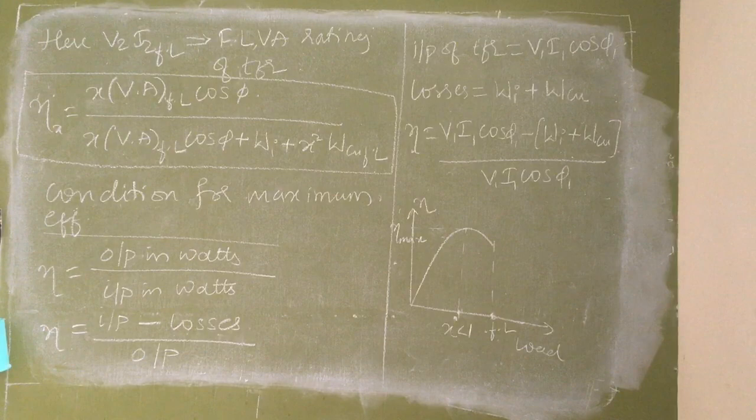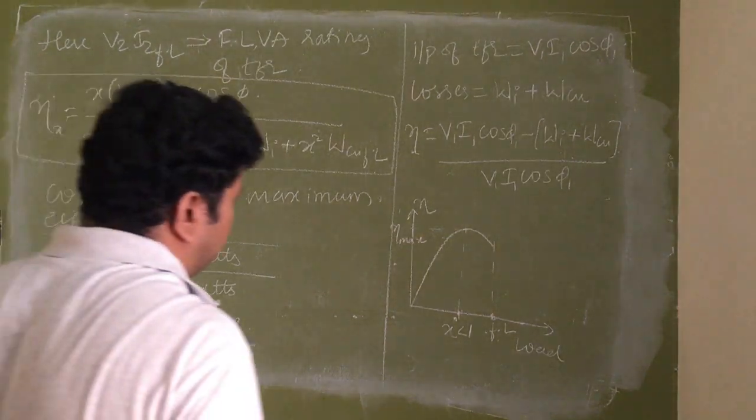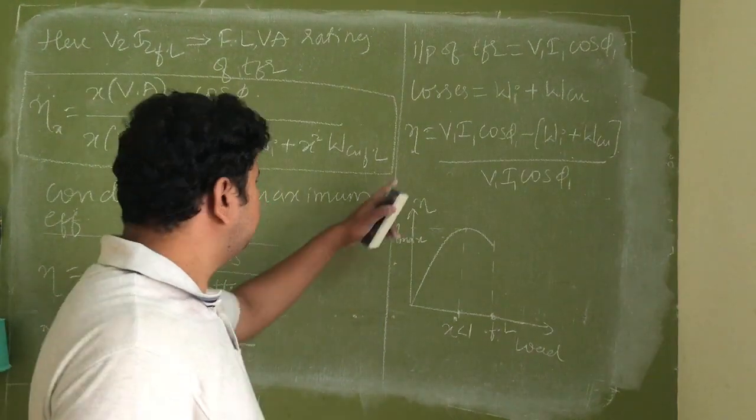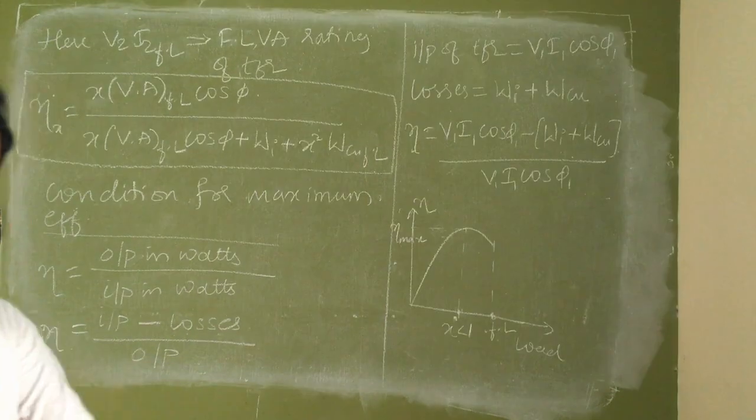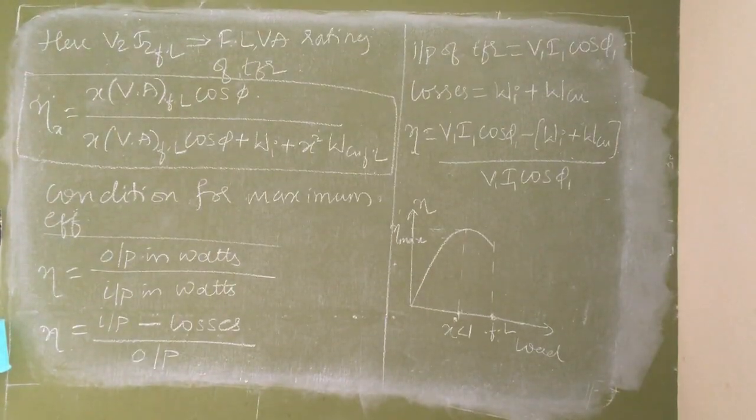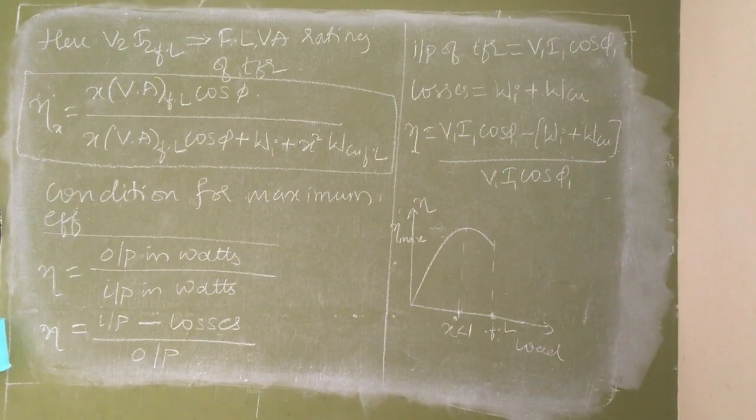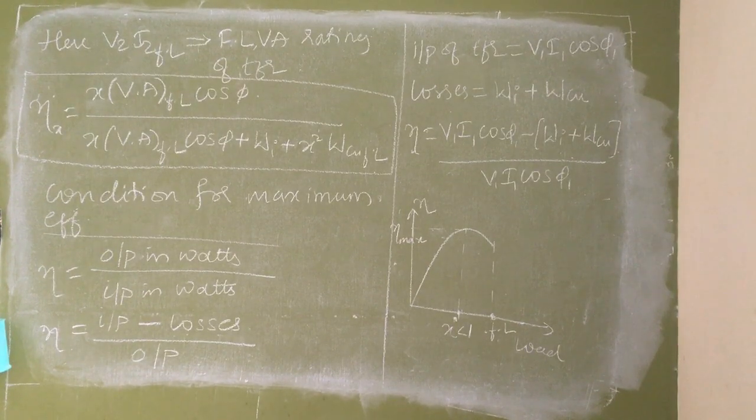It is true in every machine. So don't think that maximum efficiency means full load efficiency. Maximum efficiency will be more than full load efficiency; full load efficiency will be less than maximum efficiency.